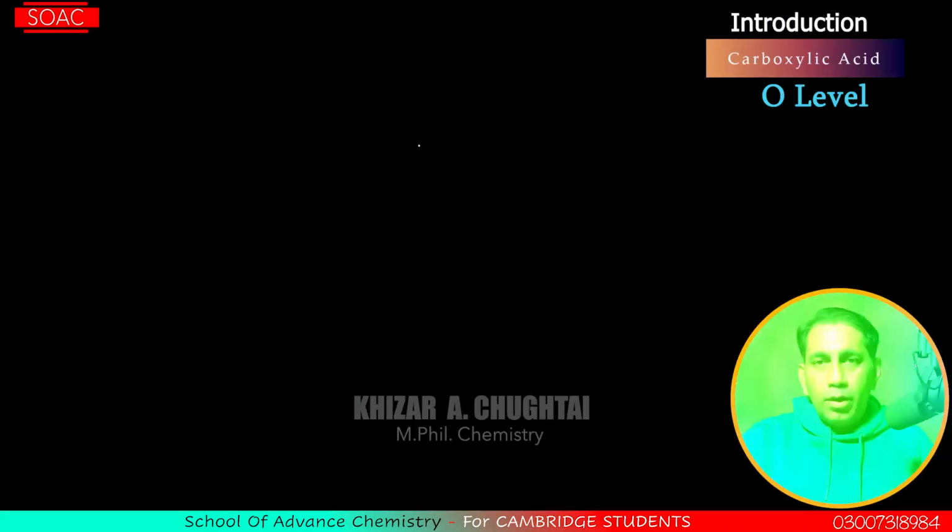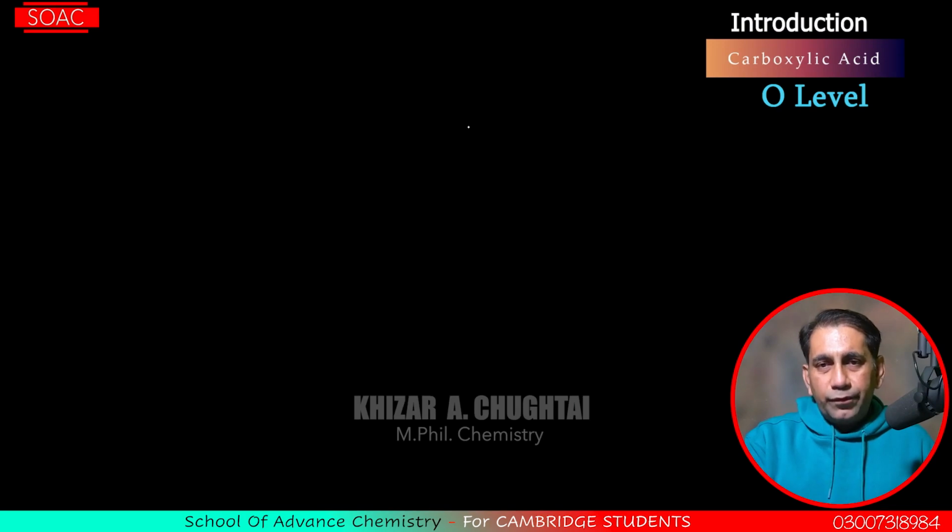Let's talk about it. What is a carboxylic acid first of all? A compound that has oxygen double bonded to carbon, carbon single bonded to oxygen, and oxygen single bonded to hydrogen.